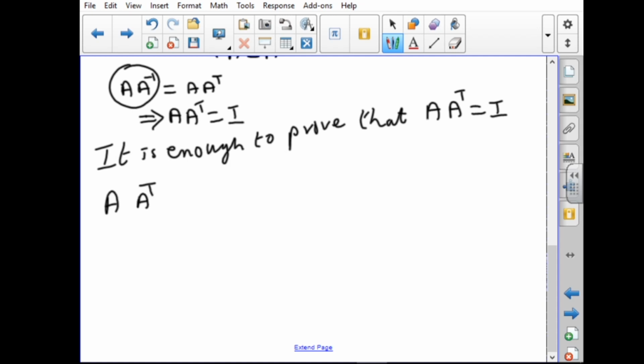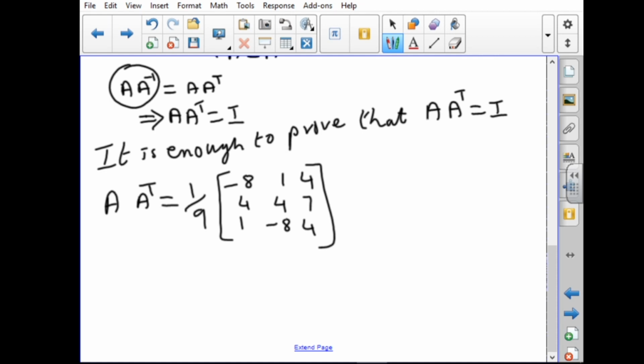So A into A transpose is equal to A, which is 1 by 9 into minus 8, 1, 4, 4, 4, 7, 1, minus 8, 4, this is A, and A transpose is 1 by 9 into, writing rows into columns, minus 8, 1, 4, 4, 4, 7, 1, minus 8, 4.